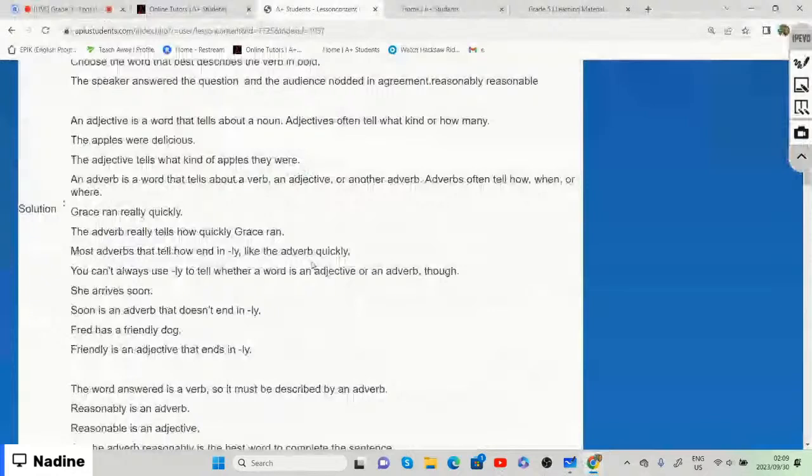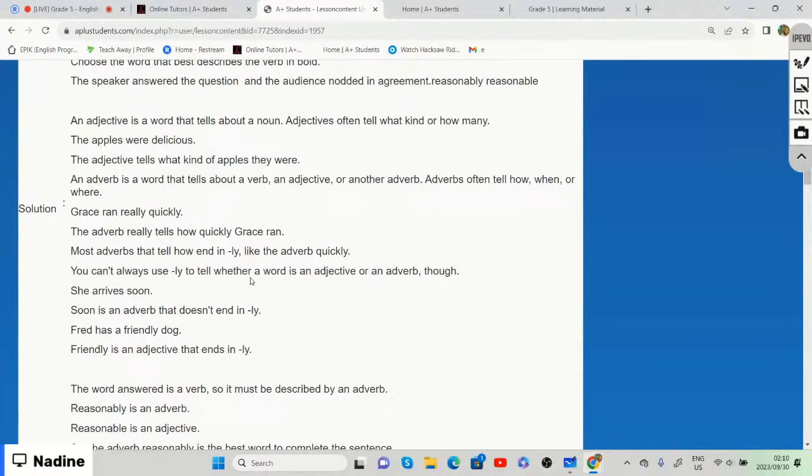We said an adjective is a word that tells us about the noun, and adjectives often tell us what kind or how many. The apples were delicious. That tells us what kind of apples they were. They were delicious apples.